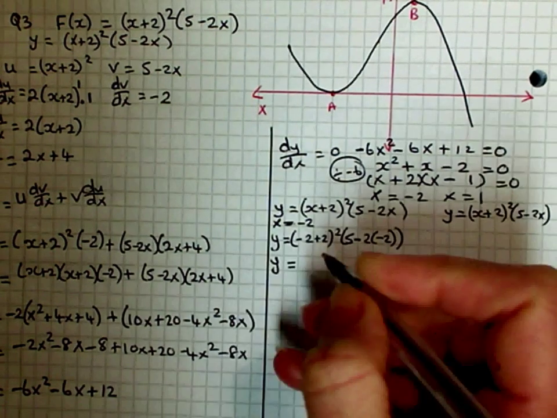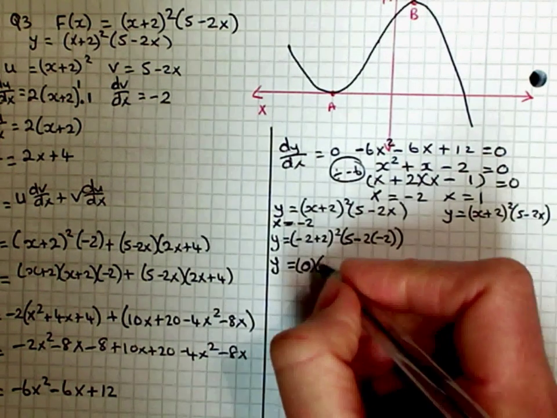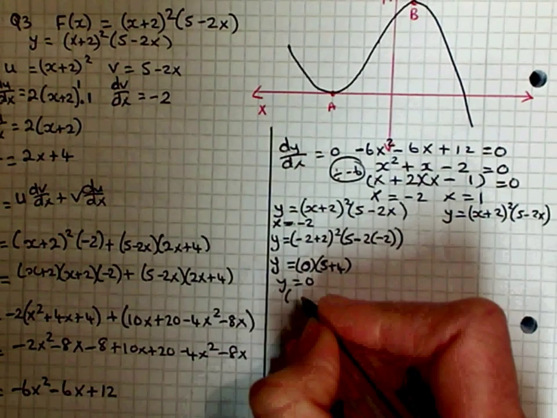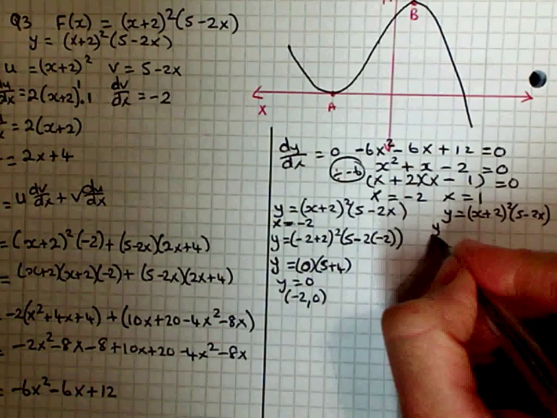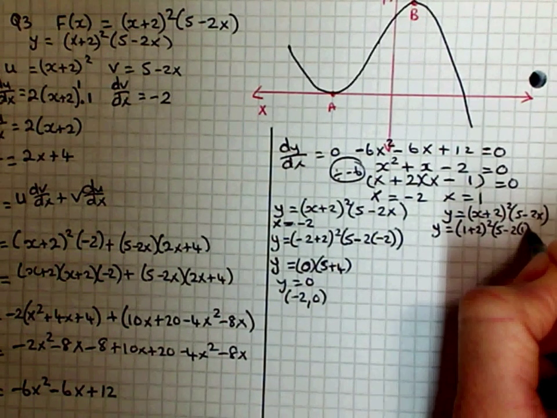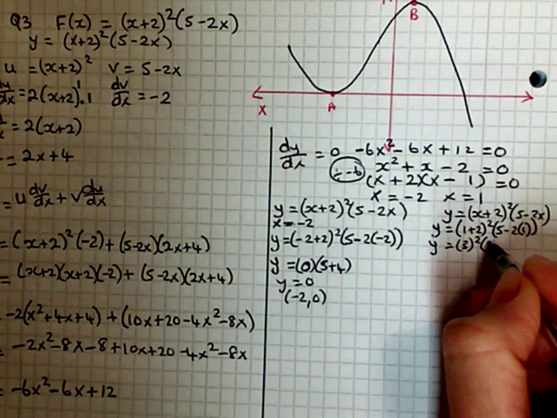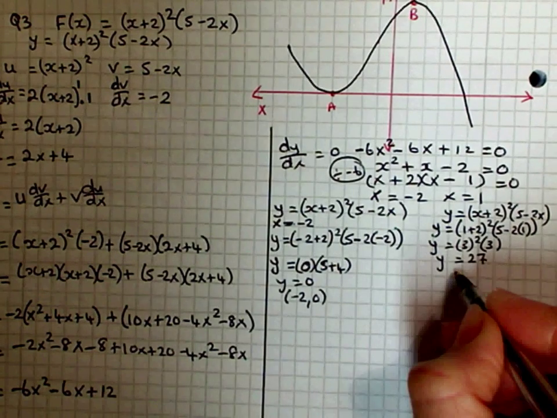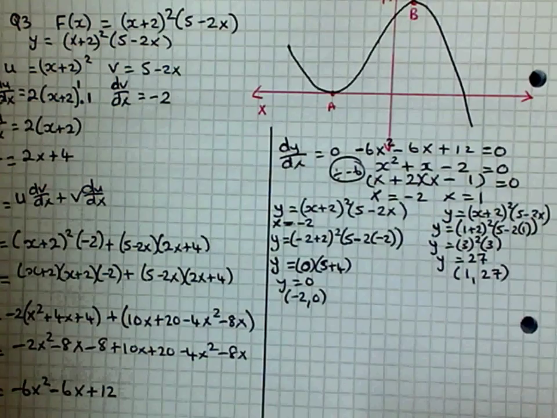So y is equal to 0 by (5 + 4), so y is equal to 0. So that first point is (-2, 0). And over here you have y is equal to (1 + 2) squared by (5 - 2 by 1). So y is equal to 3 squared by (5 take away 2), which is 3. So y is equal to 9 by 3, which is 27. So that point is (1, 27).